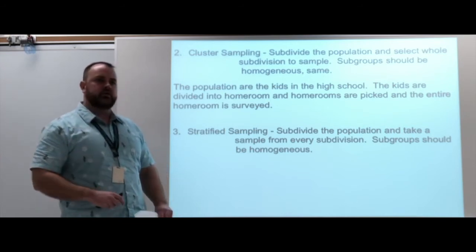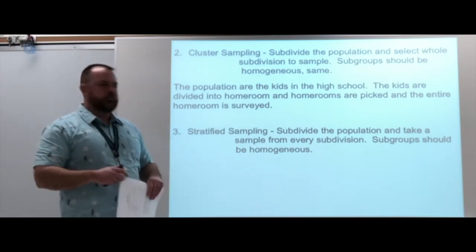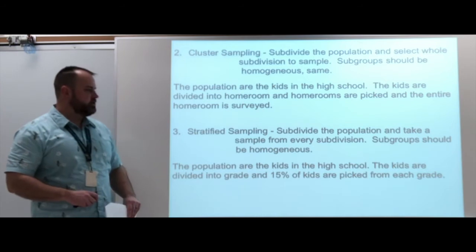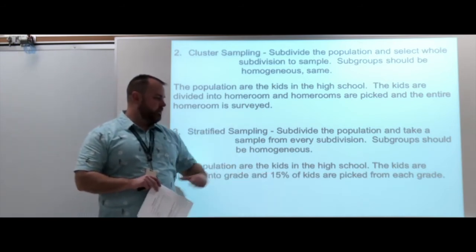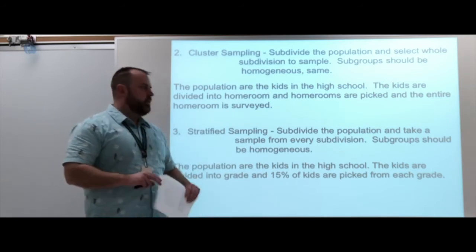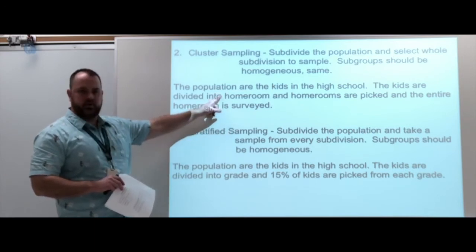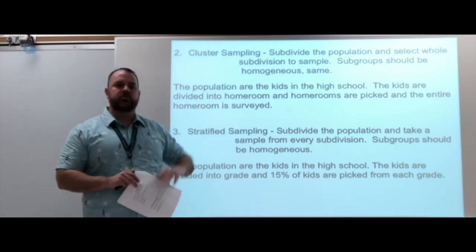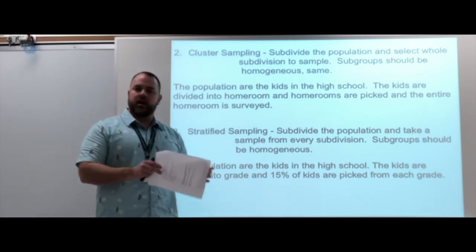That's to ensure that we canvass the whole population. Here we have the population of kids in a high school. The kids are divided into grades, and 15% of the kids are picked from each grade. So let's compare these two groups. If we do cluster sampling and randomly pick 4 homerooms, is there a chance that the 4 homerooms are 2 senior, a junior, and a sophomore homeroom?